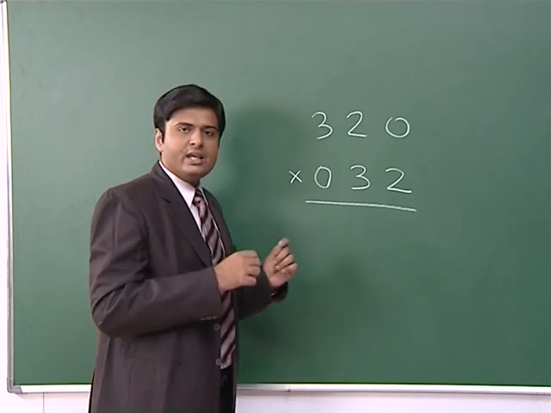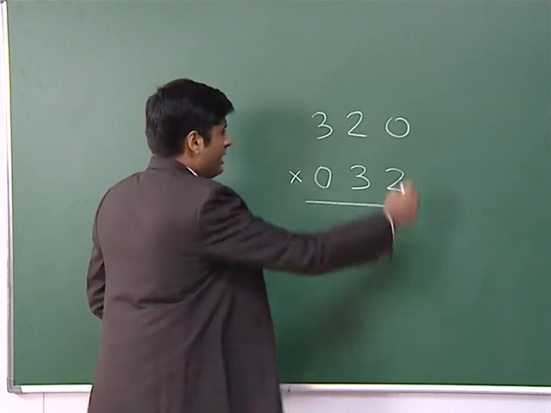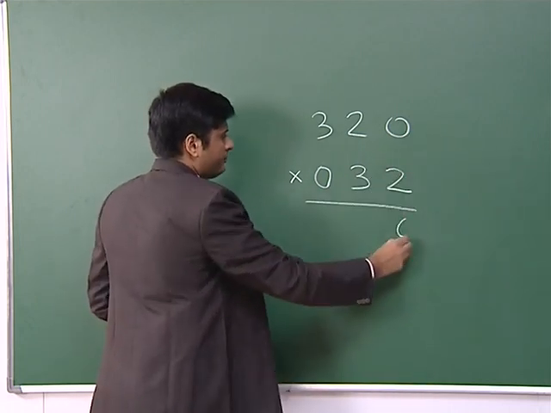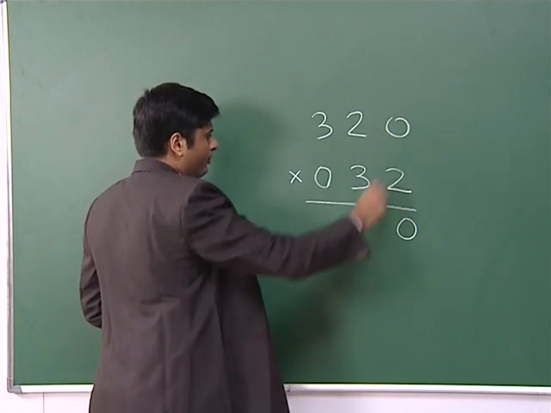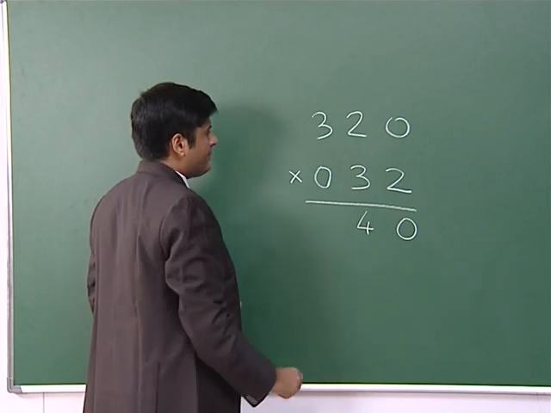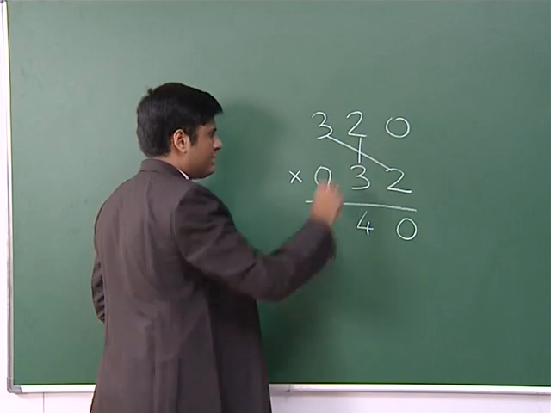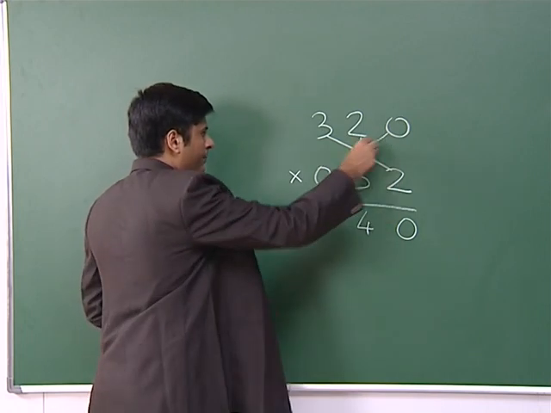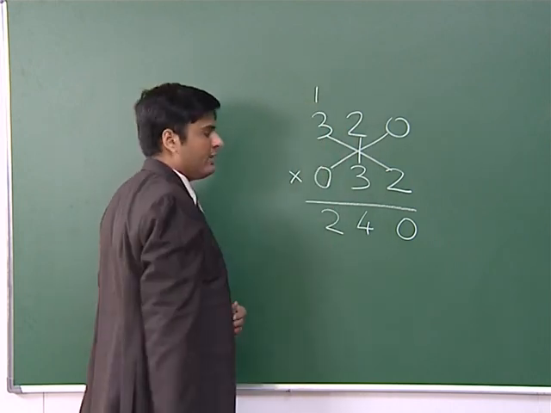Now I can use the technique of 3 by 3 and I can get the answer straight away. 0 times 2 is 0. It will become 4 plus 0, 4. Step C will be 6 plus 6, that is 12, plus 0, still 12. I write 2, carry over 1.